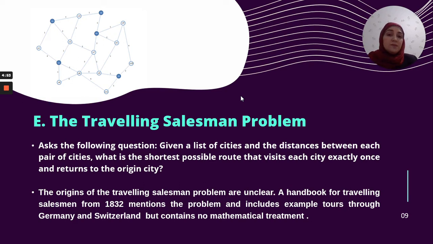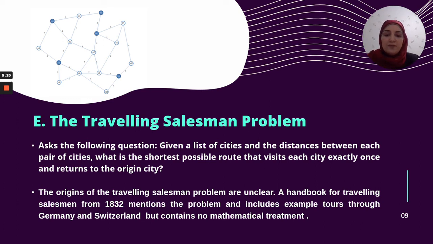The traveling salesman problem. What does that mean? It asks the following question: given a list of cities and the distance between each pair of cities, what is the shortest possible route that visits each city exactly once and returns to the origin city?